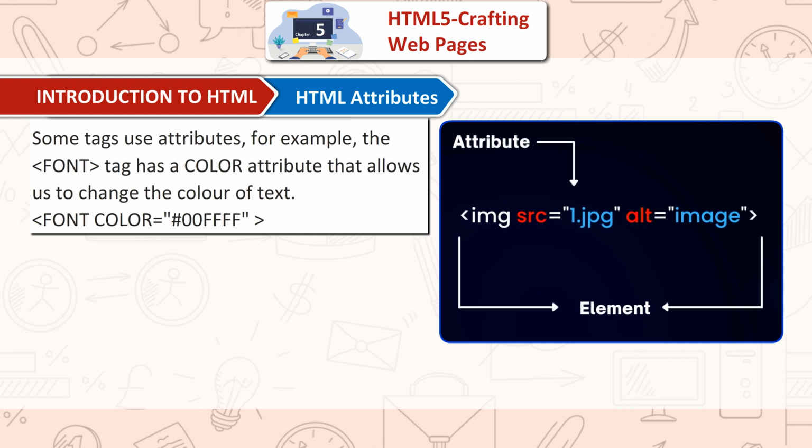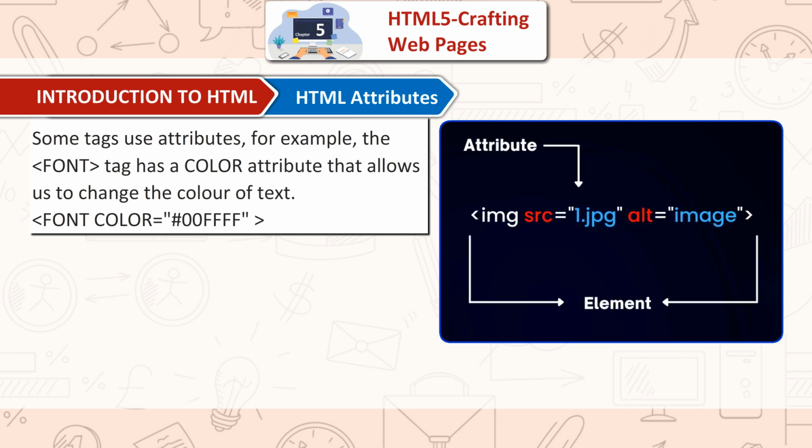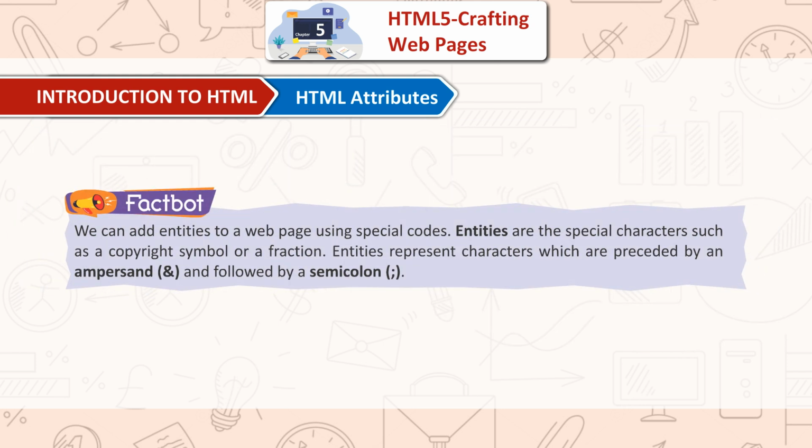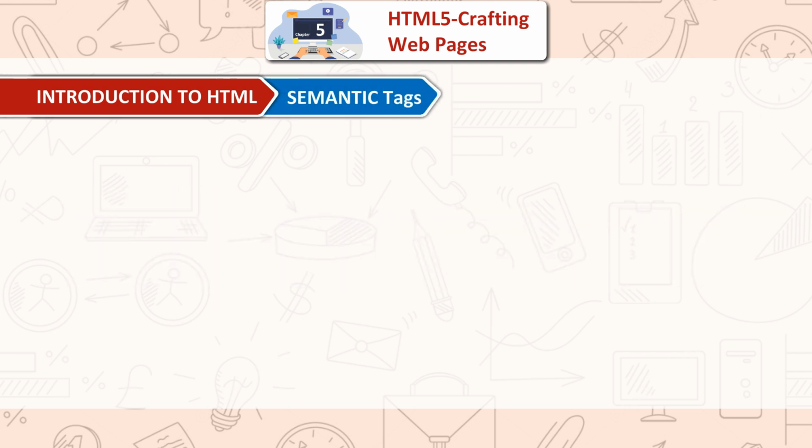For example, the font tag has a color attribute that allows us to change the color of text. Font color. FactBot: We can add entities to a web page using special codes. Entities are special characters such as a copyright symbol or a fraction. Entities represent characters which are preceded by an ampersand and followed by a semicolon.